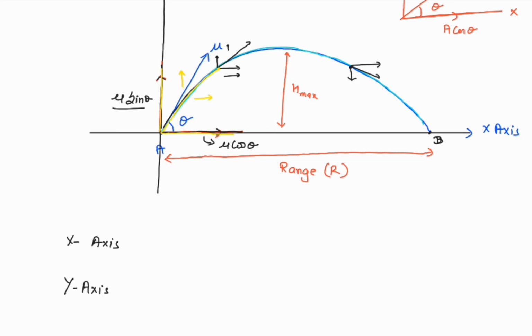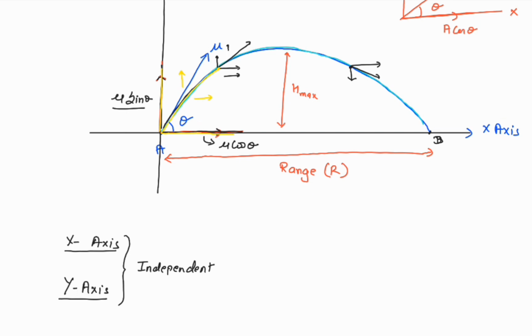That's why I am saying it is moving in the x-axis also and in the y-axis also. These two motions are independent of each other, meaning they are independent motions.